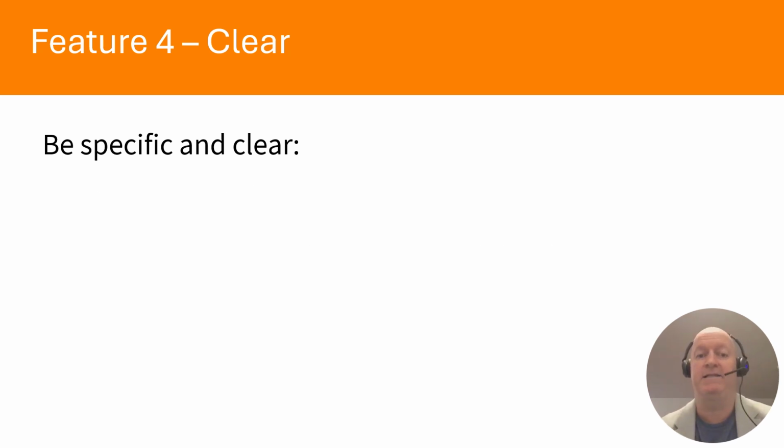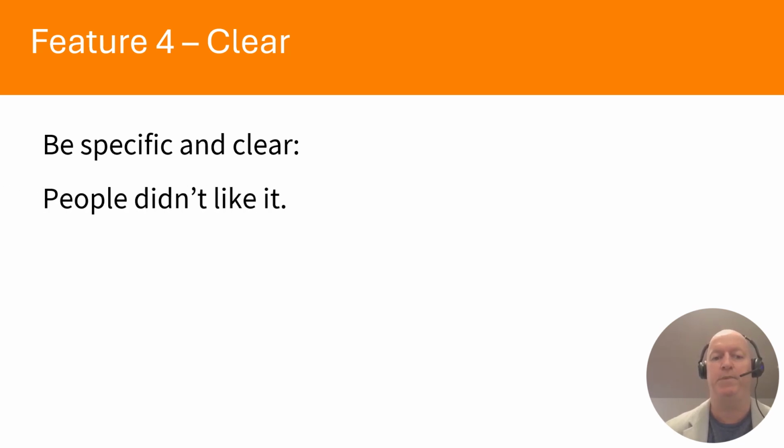And let's have a look at another example of something not being clear or specific. It just says here, people didn't like it. Well, a couple of things. Which people are we referring to? That's important to know. Didn't is a contraction, so once again, that's quite informal. It's spoken English.